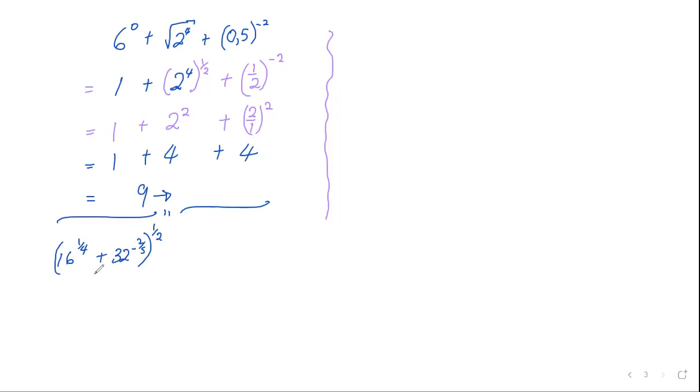Now let's start here. This is 2 to the power 4, exponent 1/4, plus 32 is 2 to the power 5. The exponent there was 2/5.